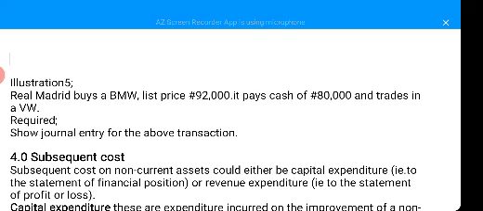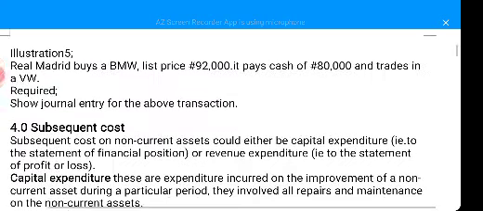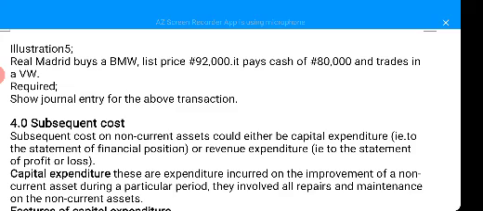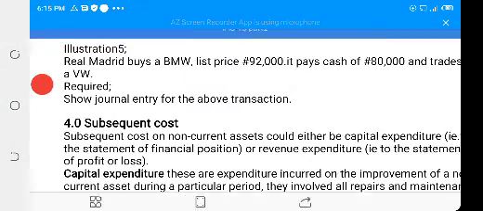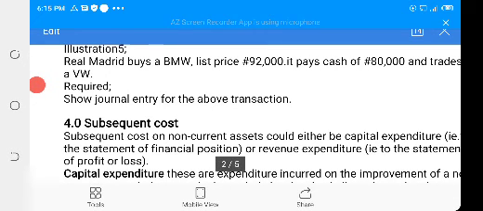So that means Real Madrid buys the BMW, pays cash and also gives up the VW in order to purchase that BMW. You are required to show the journal entry for the above transaction.